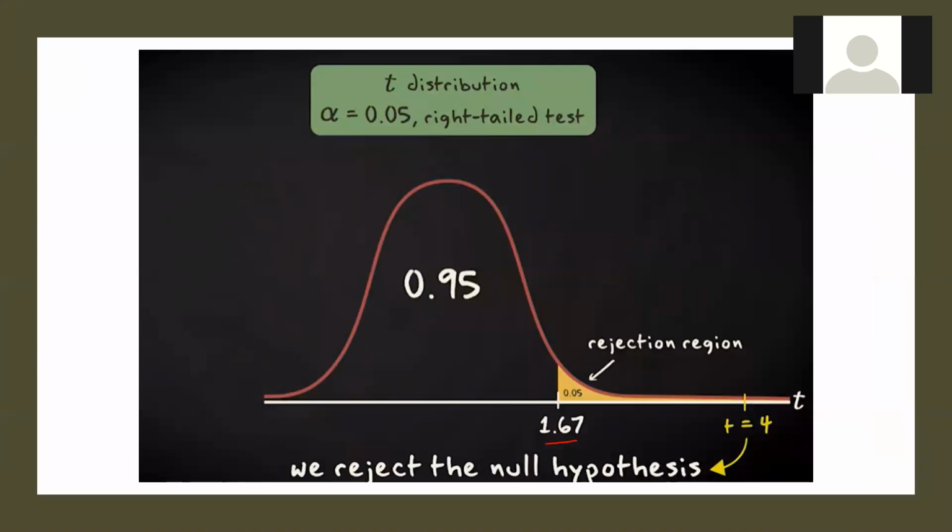So this is a right-tailed test, because my alternative hypothesis is greater than 60. Okay, so for a left-tailed test it will be less than 60, and not equals 60 will be a two-sided test.